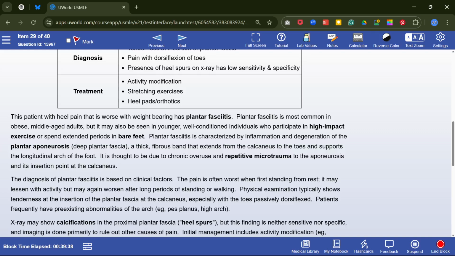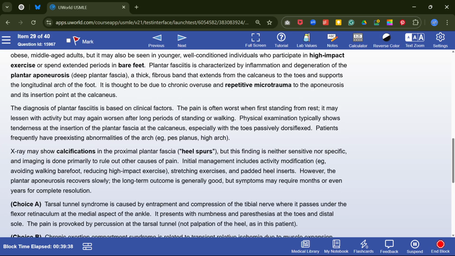Patients frequently have pre-existing abnormalities of the arch, such as pes planus and high arch. X-ray may show calcification in the proximal plantar fascia, heel spurs, but this finding is neither sensitive nor specific. Imaging is done primarily to rule out other causes of pain.